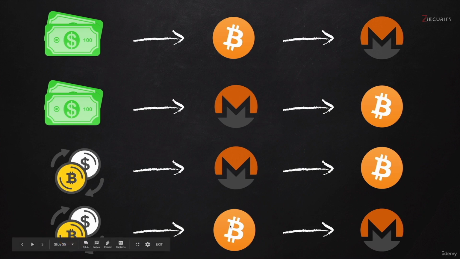But once you convert that Bitcoin into Monero, the link is broken, and this wallet right here will be very private and will not be linked to your identity. All of this is possible thanks to exchange services that allow us to exchange one cryptocurrency to another, and the anonymity is possible because of the way Monero is implemented, because of the way it uses ring signatures and stealth addresses.